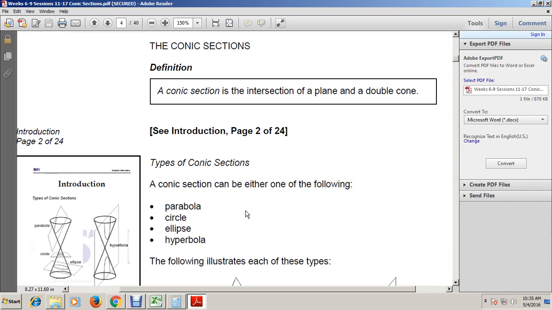In the figure, the possible formations of the conic section, if we make use of a plane, could be any of the following: it could be a parabola, it could be a circle, it could be an ellipse, it could be a hyperbola. In order to form each of these figures, we make use of what we call a conic section, which is the intersection of a plane and a double cone.